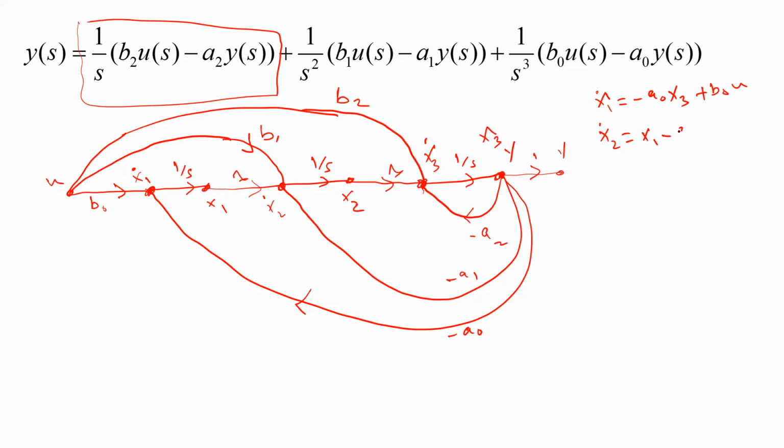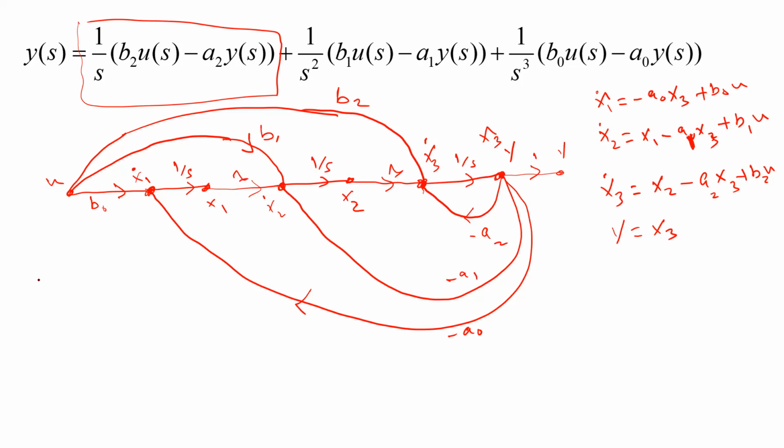So x1 minus A1 x3 plus B1 U. How about x3 dot? Similarly, x2 plus B2 U, minus A2 x3 plus B2 U. How about Y? X3. That's it.